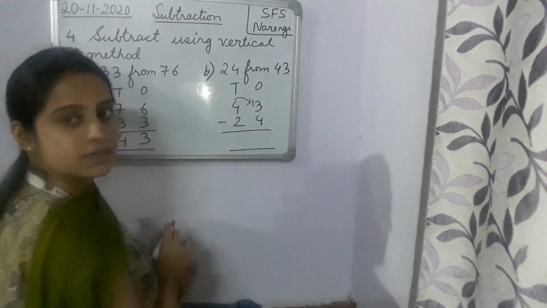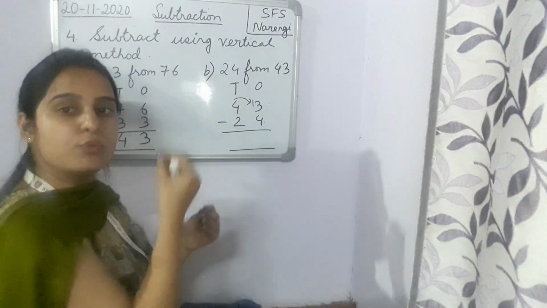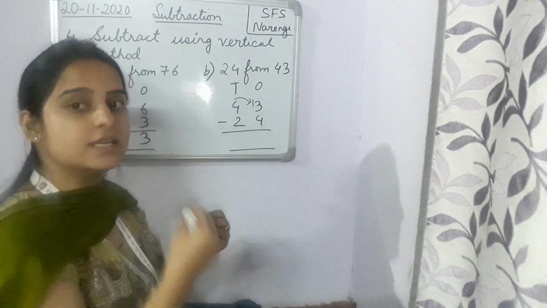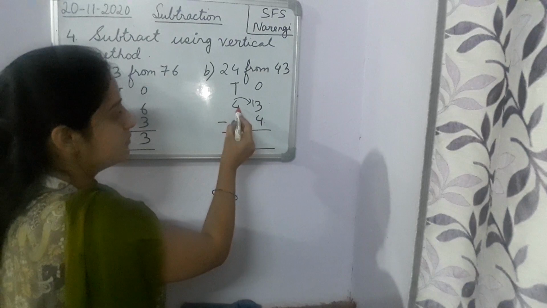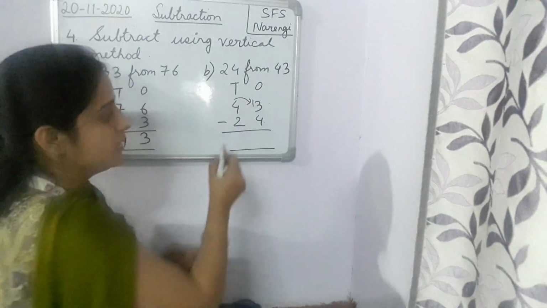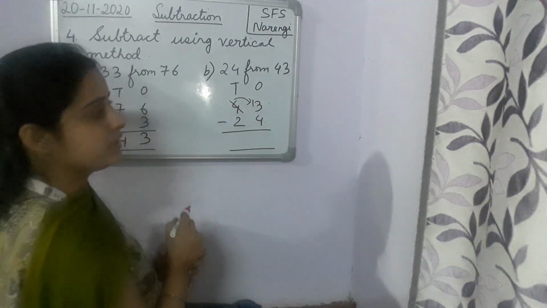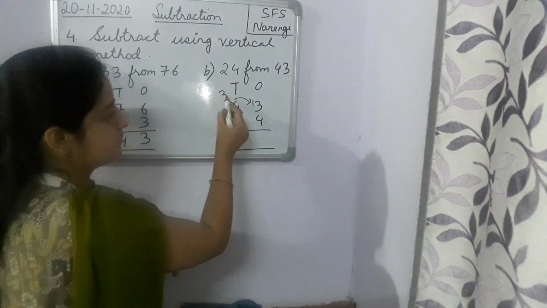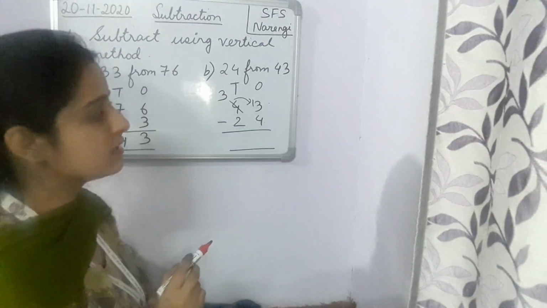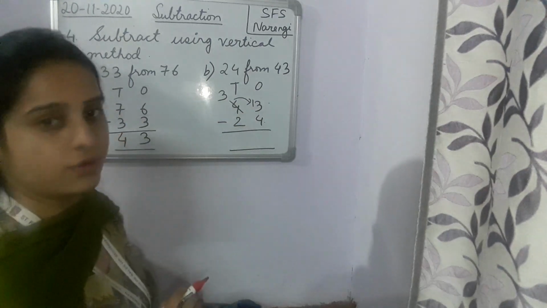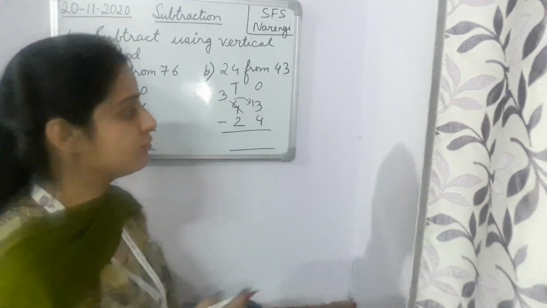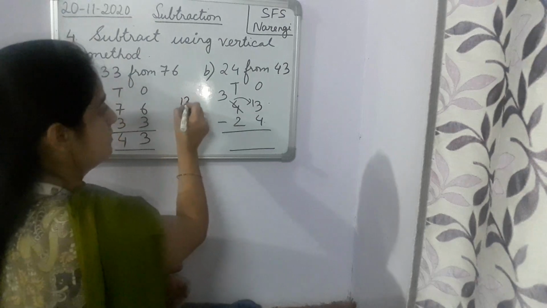3 becomes 13. And when you give 1 to someone, then the number of things reduces, isn't it? So tens gave 1 to ones, and what remains with tens, children? 3. So here it is what? 13 minus 4.